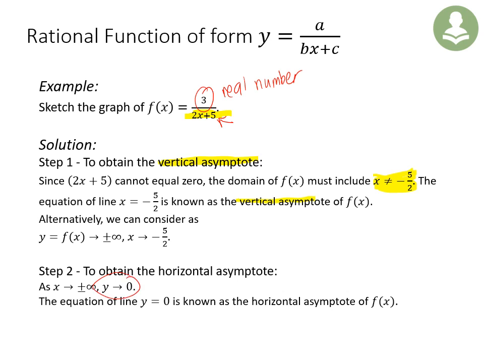So in this case, it tends towards a very small number if the denominator is very, very large, or in another way of expressing it, x tends towards positive or negative infinity. It will never ever give you y equals 0, and we call this the horizontal asymptote.